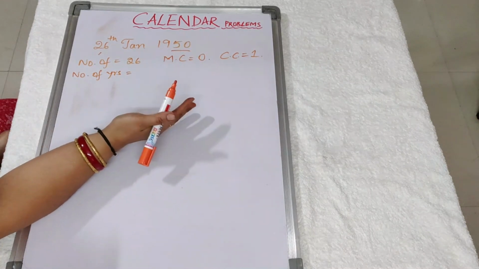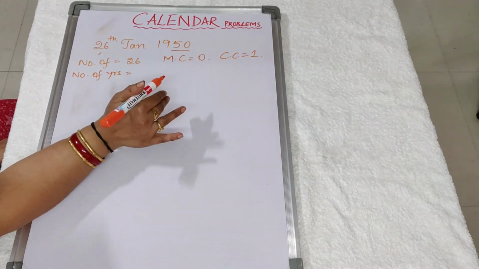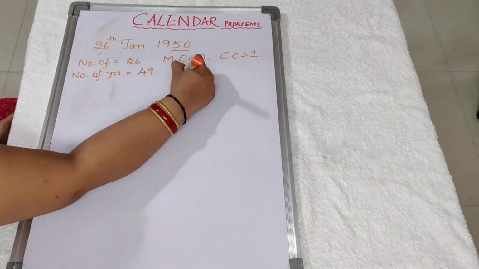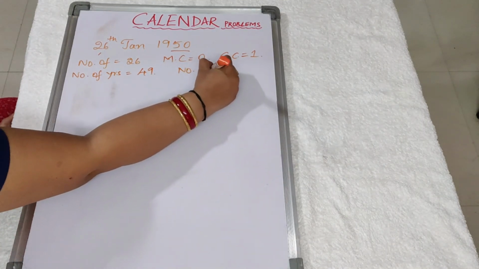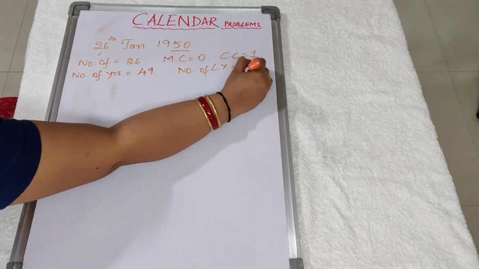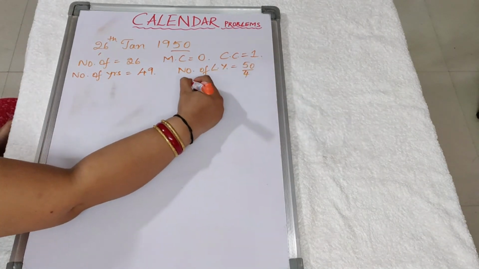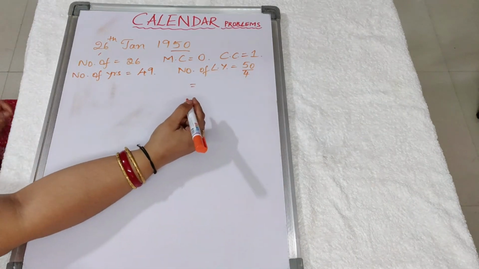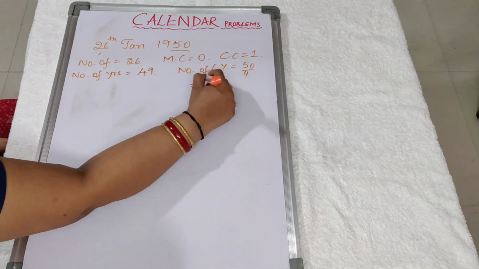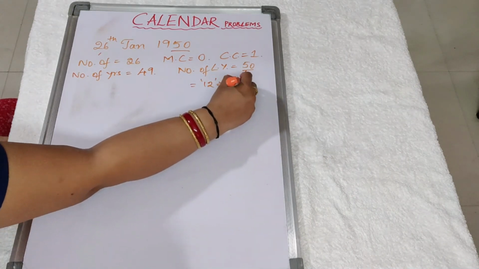So it is the 50th year running, so it is 49. And number of leap years, what do we do? So we take 50 by 4. How much do we get? 4 11s, 4 12s. So 12 is the quotient we get.